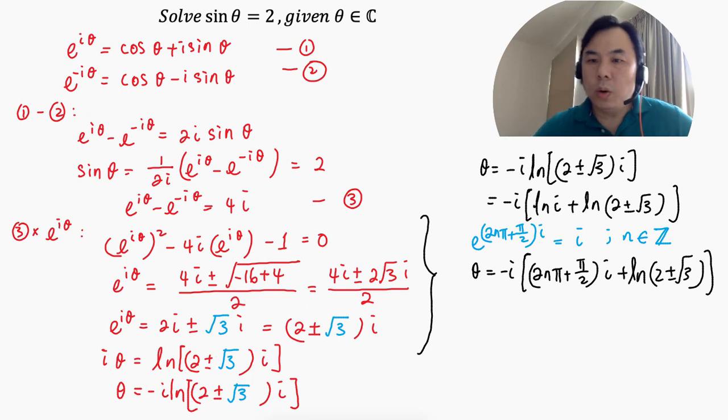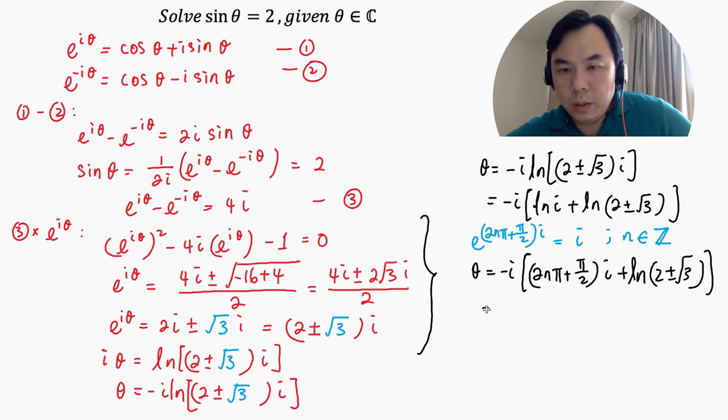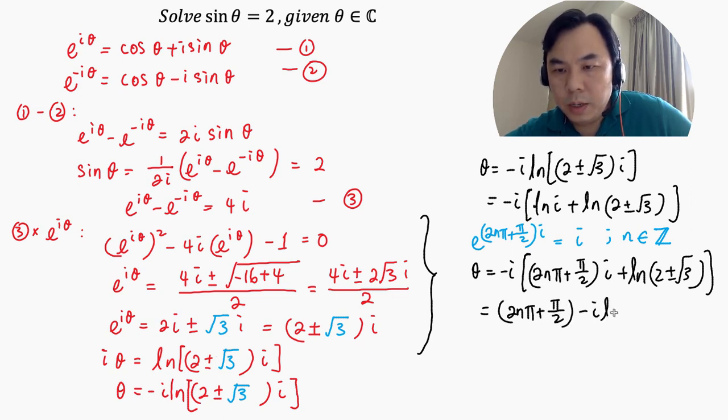Now we are almost done at this point. So we try to simplify a bit. And then from here, you'll notice that I can get 2n pi plus, this becomes a plus, minus i ln(2 plus or minus surd 3) here.